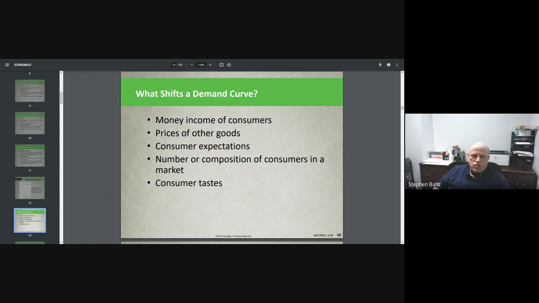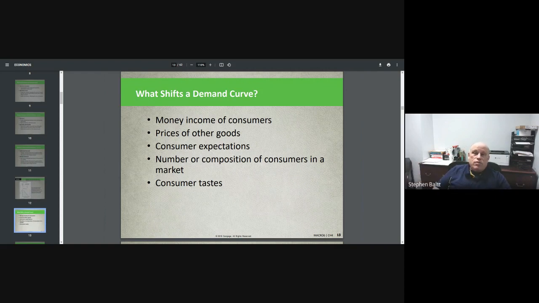Consumer expectations. A good example here is if we expect the price of a particular good to change in the future, either increase or decrease, that's going to affect our demand for that good now, today. For example, if we think that the price of gasoline is going to double tomorrow, we're going to probably go out and try to buy as much gas as we can today to avoid paying that higher price.